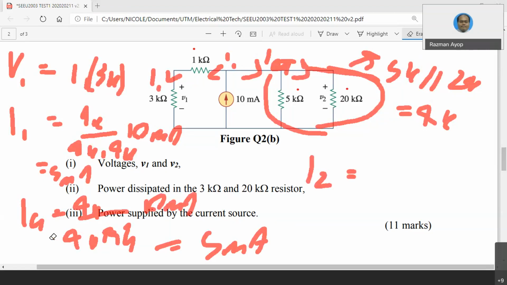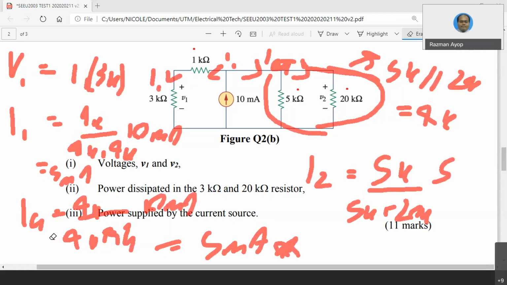I2 is 5K divided by 5K plus 20K multiplied by 5 milliampere. After you get I2, you get V2. Understand?